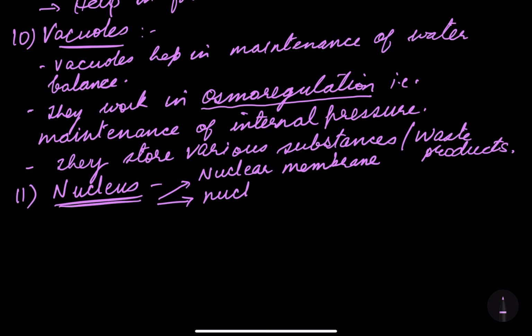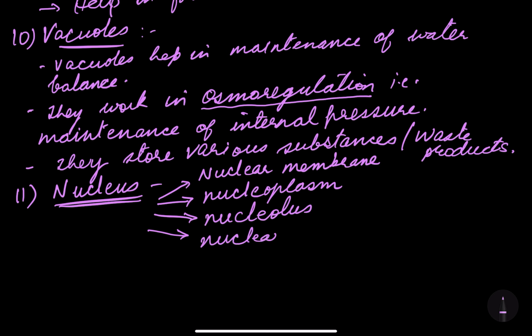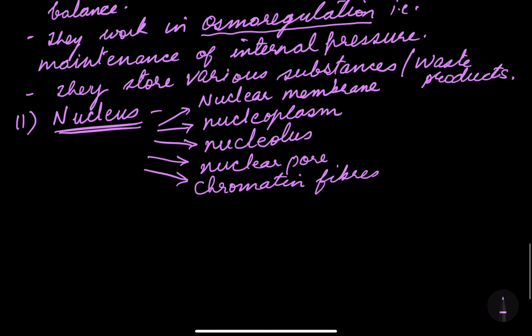Then it has a fluid substance called the nucleoplasm. Then it has a dark colored stained region known as the nucleolus, and nuclear pores, openings present in the nuclear membrane, and it has the genetic material. In a cell which is not dividing, the nucleus has genetic material in the form of chromatin fibers, right? So that's the general structure.